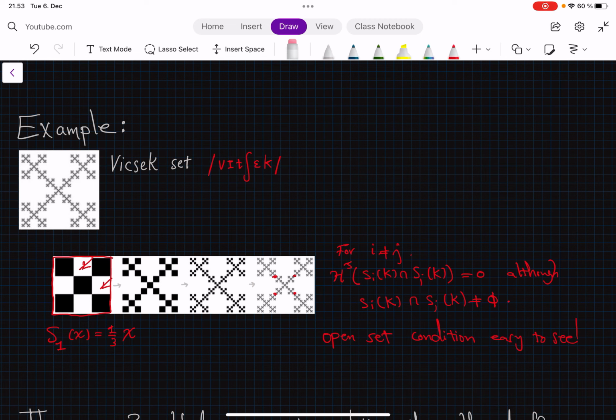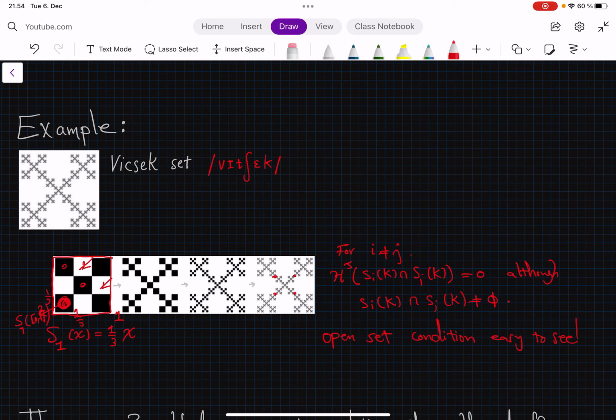It's the distance scaling. So 1 maps to 1/3, and similarly in the other direction. So the image of S1 will be the first dark square here. That's S1 of the whole square [0,1] squared.